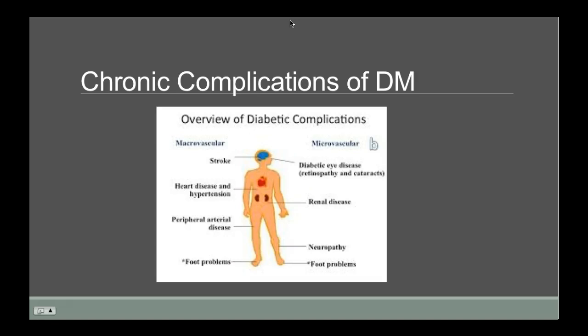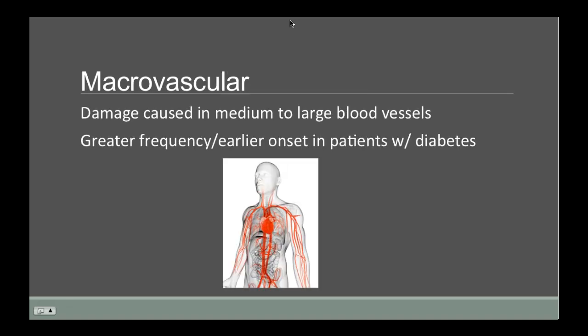Next, we're going to talk about chronic complications of diabetes. There's macro and micro complications. So we're going to start with the macrovascular complications. In macrovascular, the damage that is done is to the medium to large blood vessels.